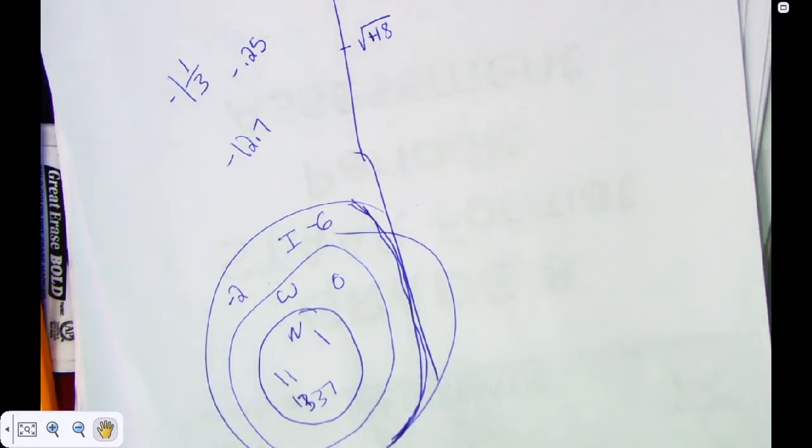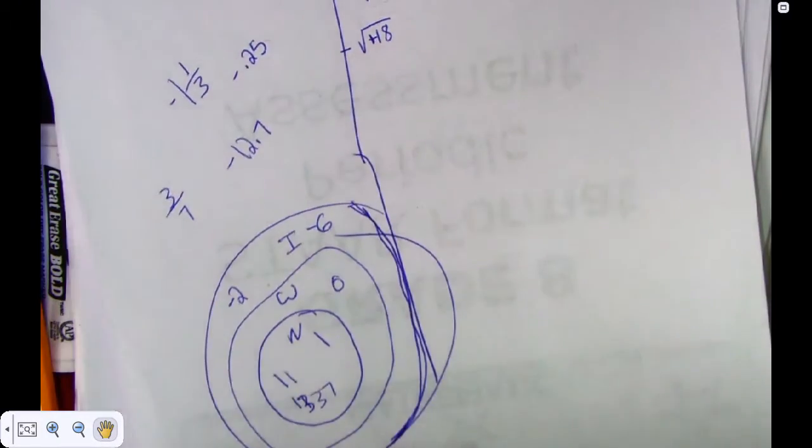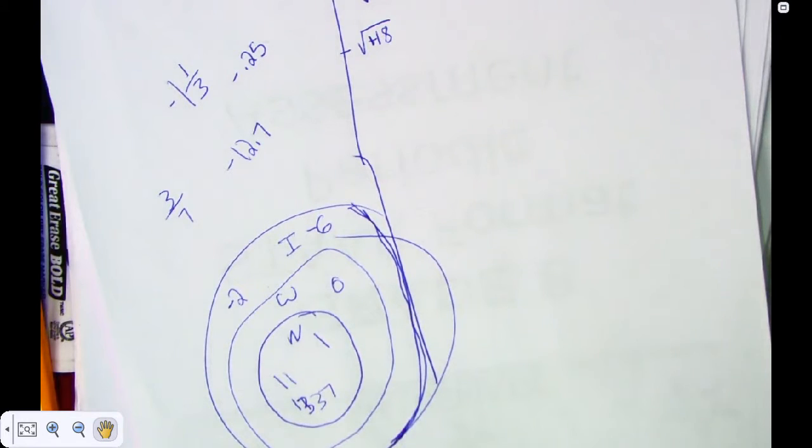Why is it rational? It repeats. It repeats, but did you even need to do it on the calculator? When I said 3 7s, your brain should have been going ding, ding, ding. It's a fraction. It's going to be a rational number. 3 7s up there. It's rational because it's a fraction.